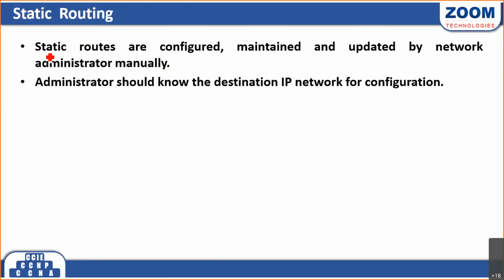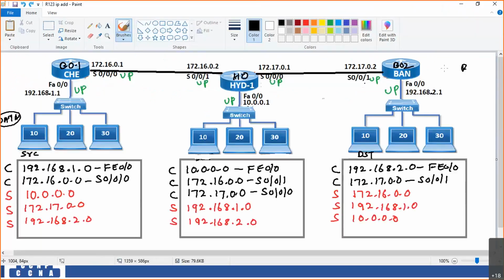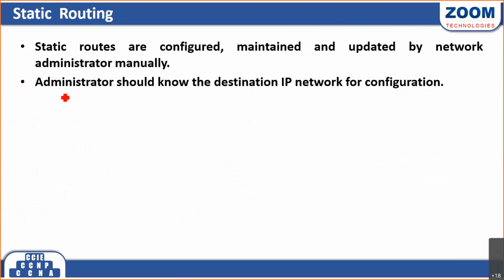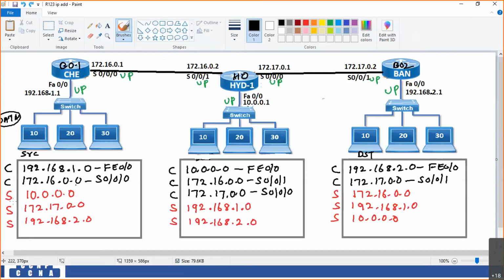Maintenance means that if any router goes down, we don't get any update, and we need to check it manually. If any new router is added, there are no automatic updates, so we update manually. An administrator should know the IP addresses to configure.